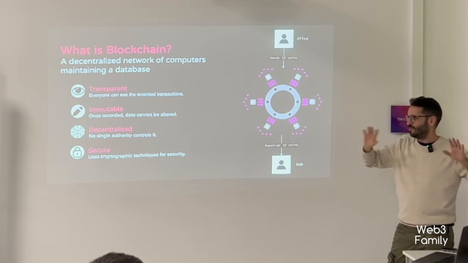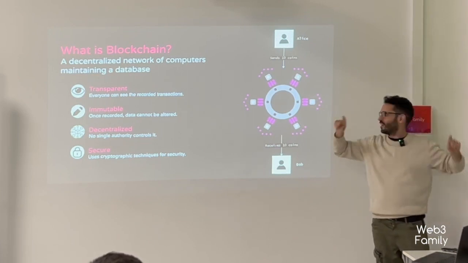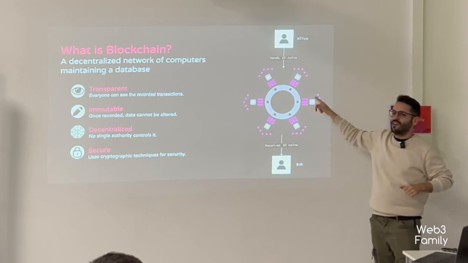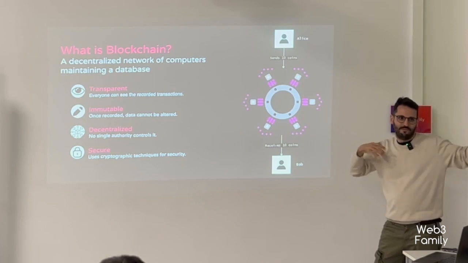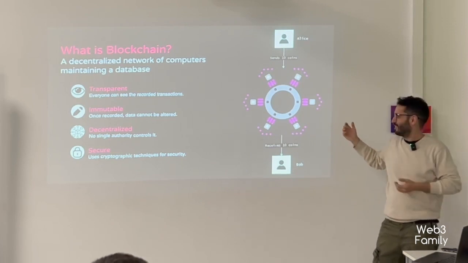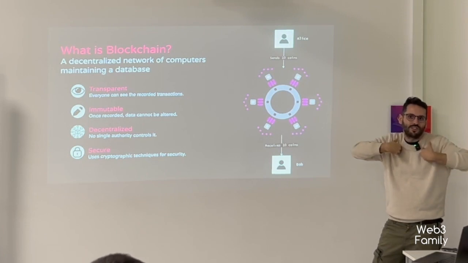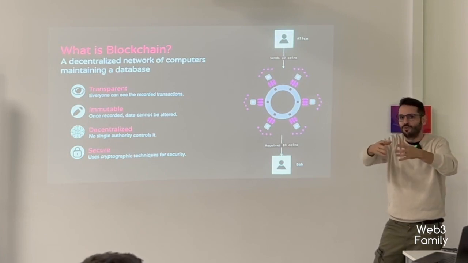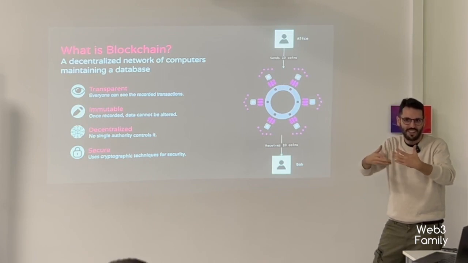The third one is that it is decentralized. What does it mean? Because this is a very fancy word. It means that the computers on the network are not controlled by, for example, Microsoft or Amazon or this university. You yourself can just put your computer on the network and start processing messages and reading data.